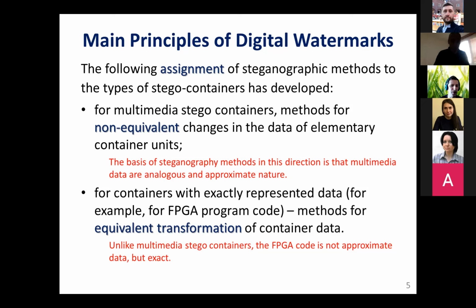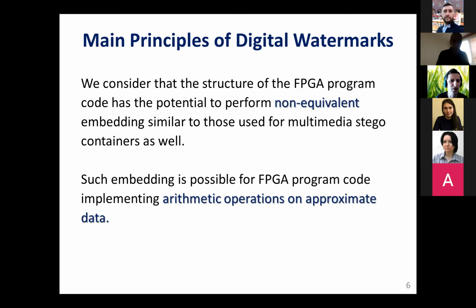Unlike multimedia Stega container, the program code is not approximate data, but exact. We consider that the structure of FPGA program code has the potential to perform non-equivalent embedding, similar to what we use for multimedia Stega container as well.